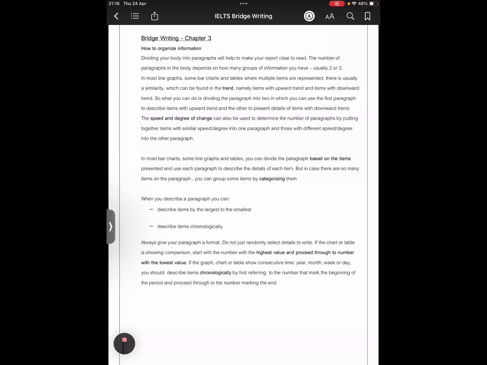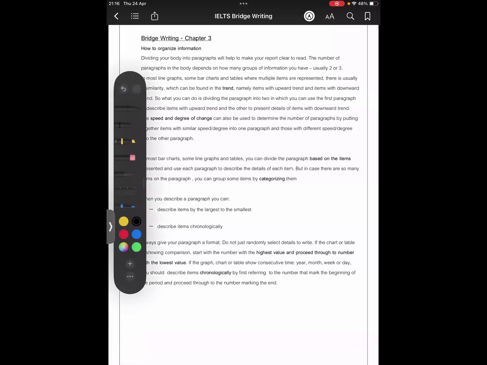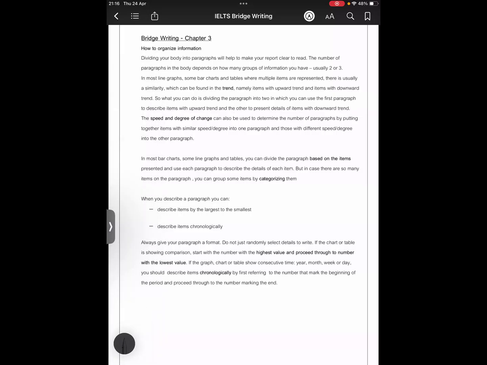Okay, let's move on to chapter 3. For chapter 3, we're going to be looking at how to organize our information.